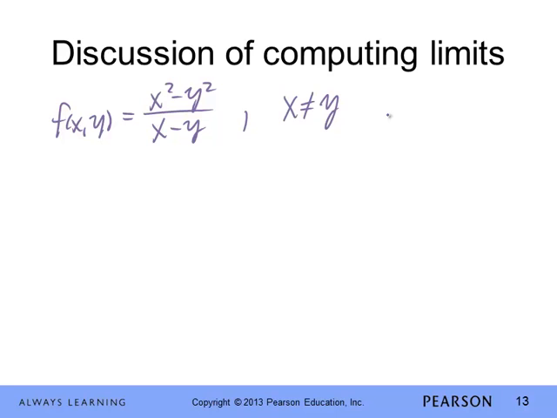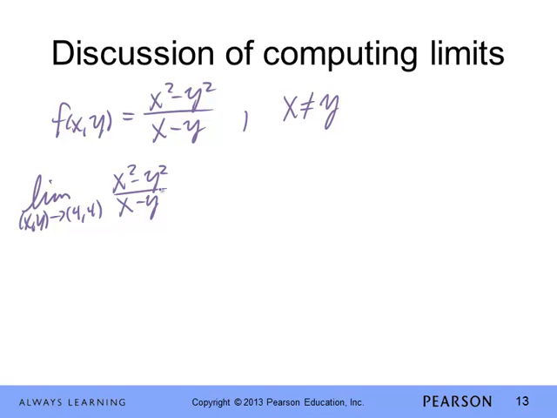Now, suppose that we wanted to compute the limit as x, y approaches 4, 4 of this function. And your first reaction might be like, you must be kidding, because 4, 4, that's x equals y.